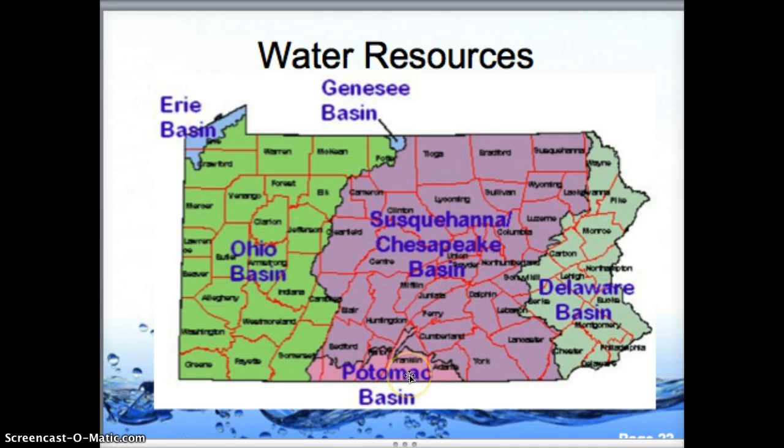The Potomac River is going to drain here, and that Potomac also drains into the Chesapeake, just in a different region than this does. The Delaware Basin actually goes into what's called the Delaware Bay, and that goes right below, I think, Cape May, and goes right into the Atlantic Ocean. And we've got this small drainage basin area up here by Erie that actually flows into Lake Erie.